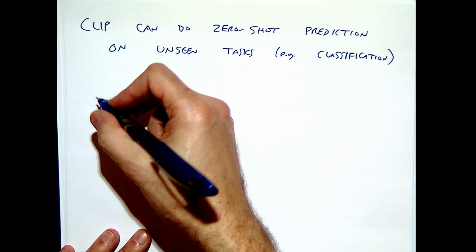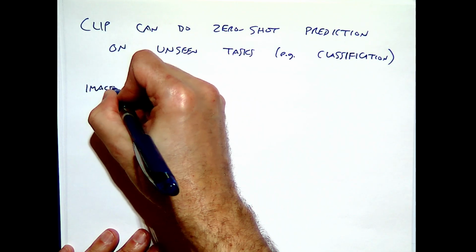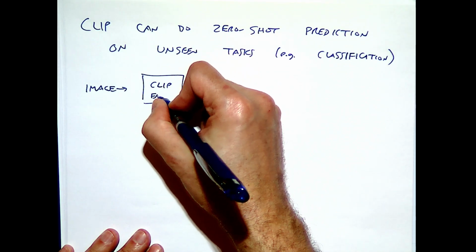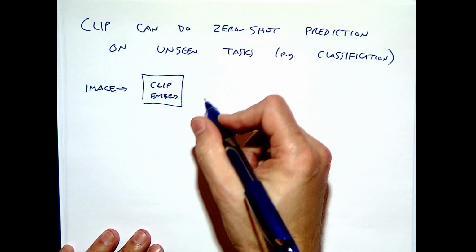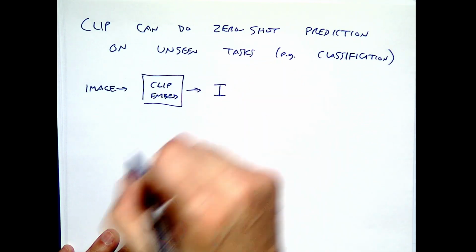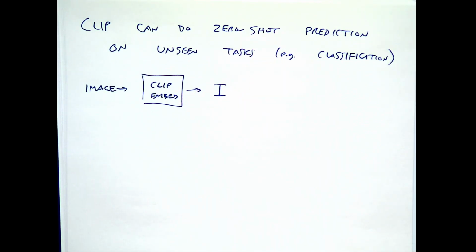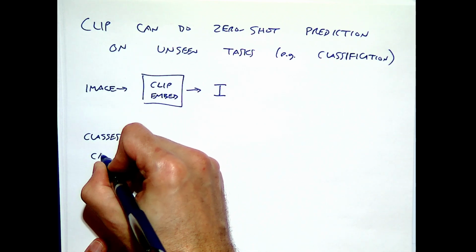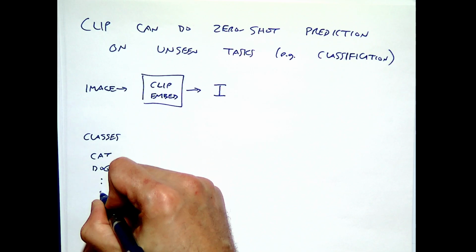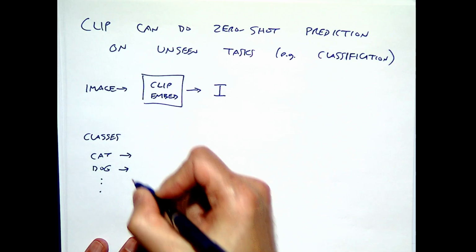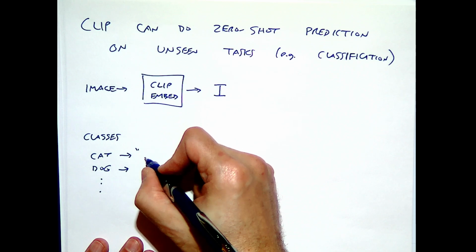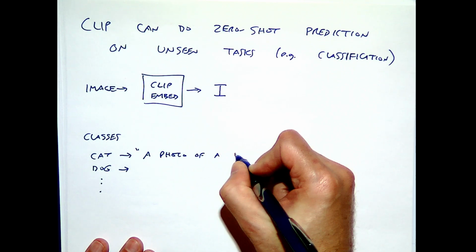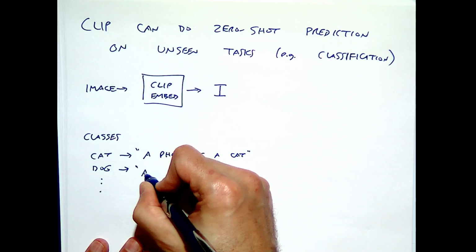I could take my image and do my CLIP embedding of the image, and then I end up with an embedding vector I, okay? Now I could take a bunch of classes like cat, dog, whatever. I turn each of these classes into a phrase, right? Like a photo of a cat, a photo of a dog, and so on.